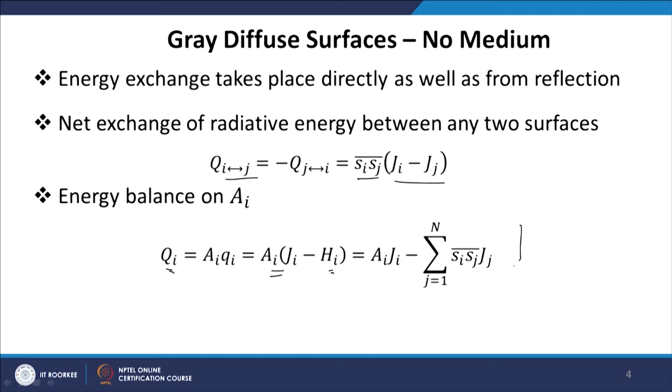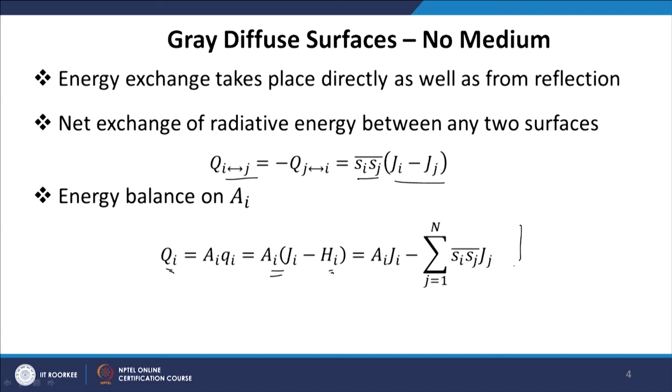Now, one thing you should observe here from this expression is that the emittance has been absorbed in the exchange area itself, that is, Sij now contains the effect of emittance also.